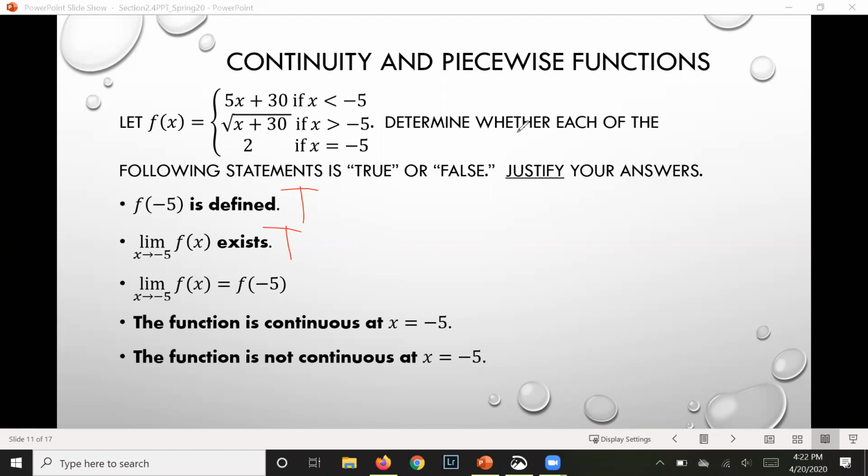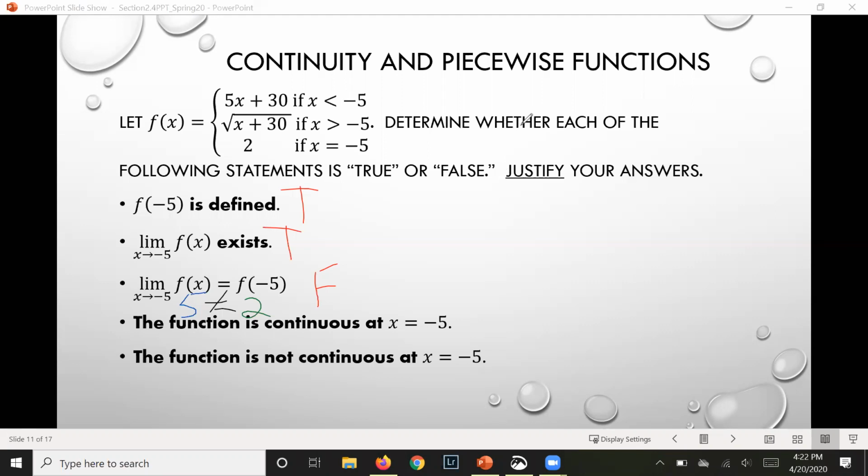Well, we just saw that the limit was equal to 5. However, in the first one, we saw that if we evaluate the function at negative 5, that is equal to 2. And notice those are not the same thing, right? 5 does not equal 2. So therefore, this one is actually false.